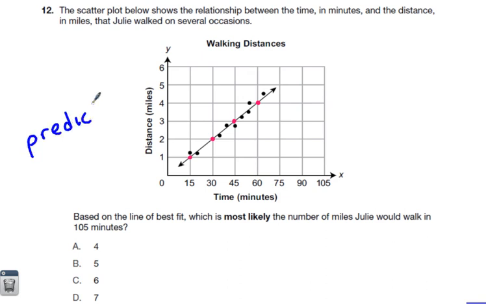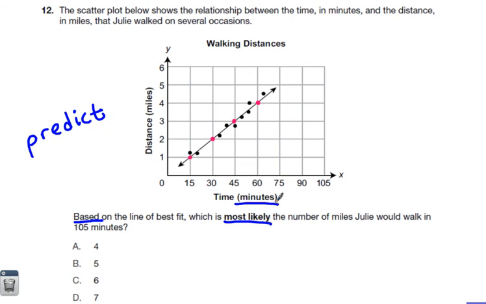make a prediction based on the line of best fit. So again, based on the line of best fit, which is most likely the number of miles Julie would walk in 105 minutes.